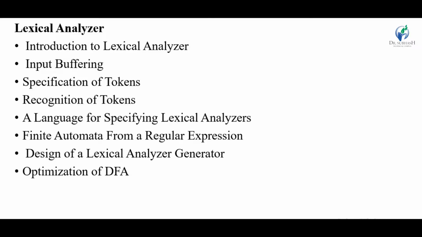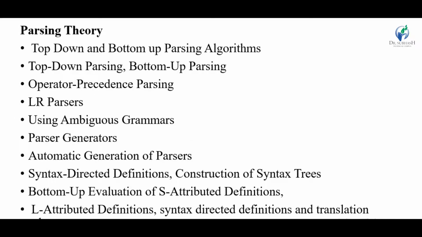Next unit is parsing theory. In parsing theory, there are top-down and bottom-up parsing algorithms. In the top-down parsing techniques, the process is done from root to child, and in the bottom-up parsing technique, the process is done from child to root.